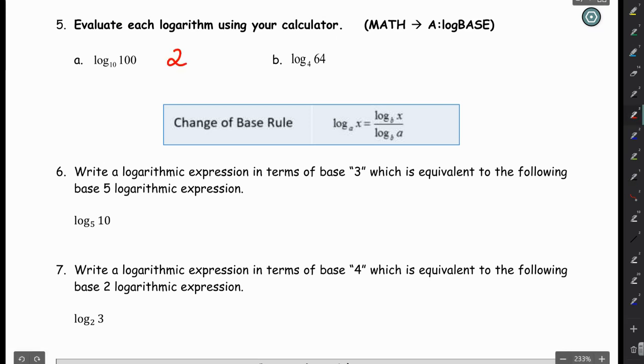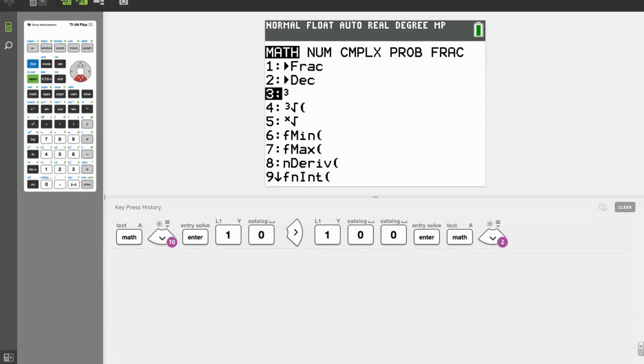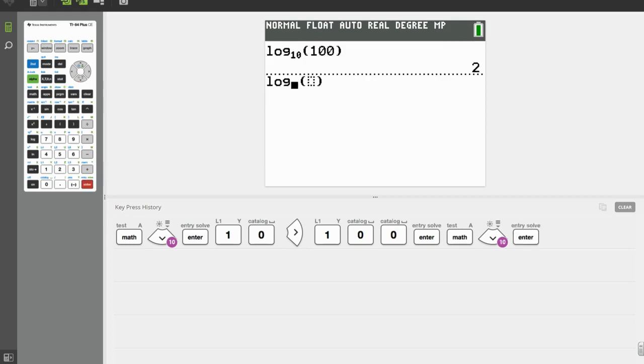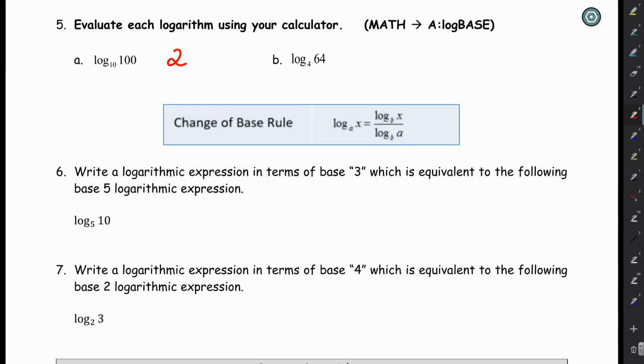Do the next one on your own, log base 4 of 64. Go to Math. Base 4 of 64. We get 3. Now, if that's not a function on your calculator, you can also use change of base.